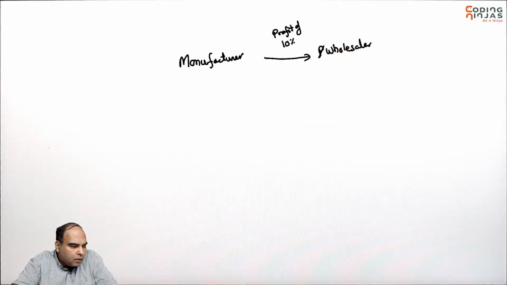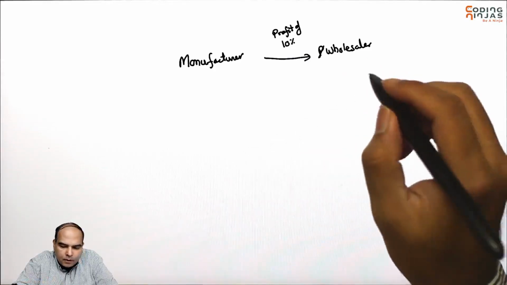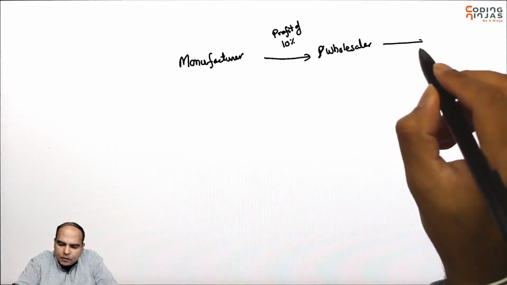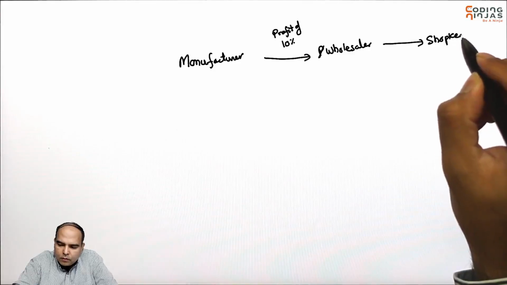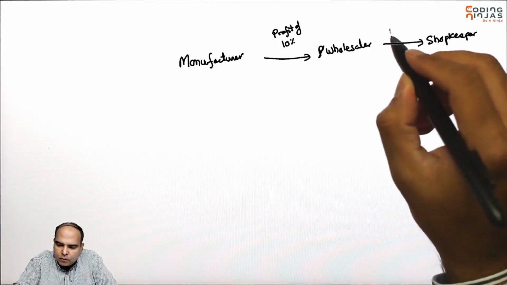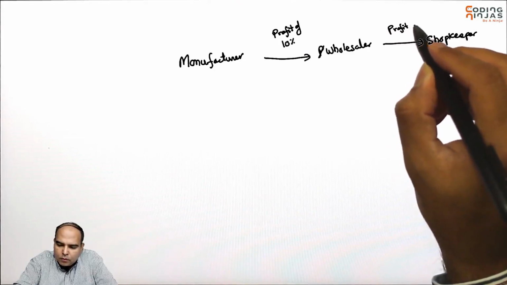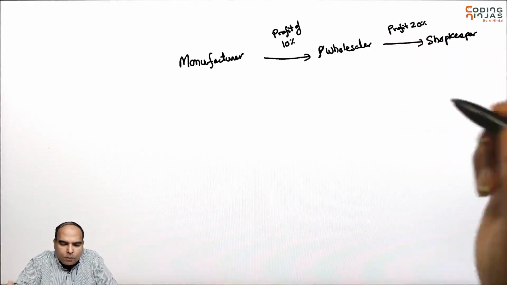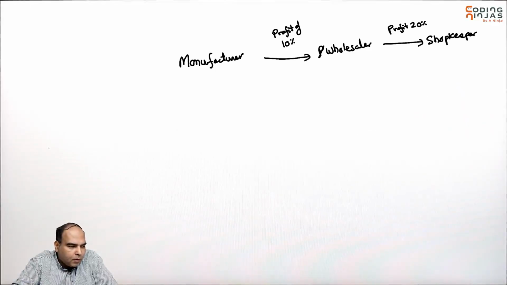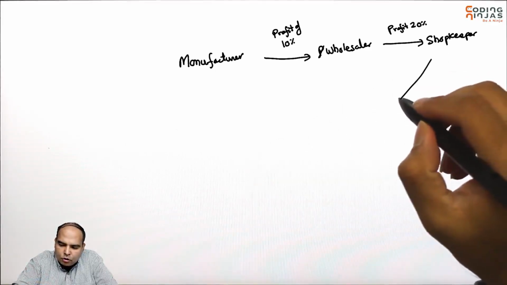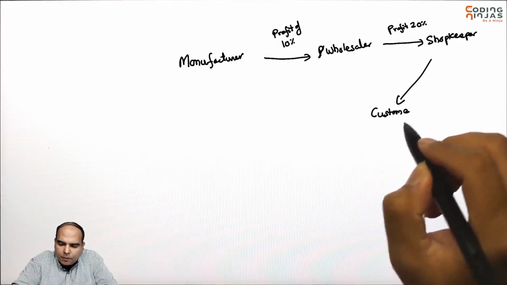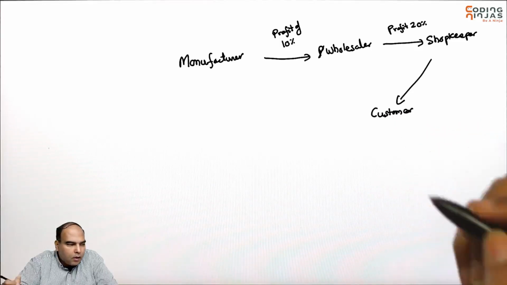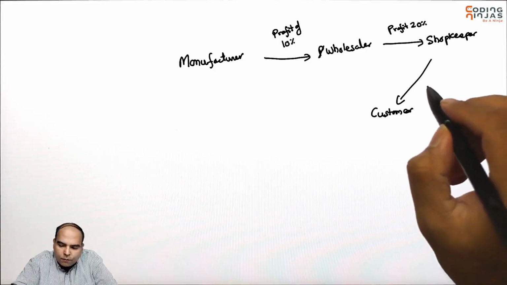And the wholesaler sells it to a shopkeeper at a profit of 20%. And let's say the shopkeeper sells it to a customer, let's say at a loss of 15%.